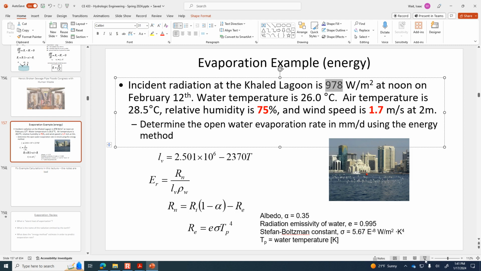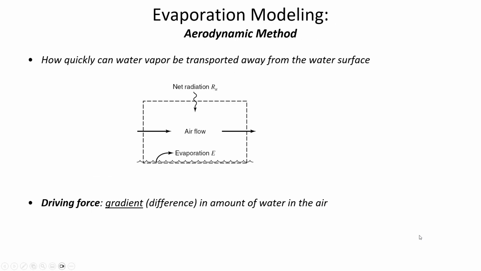So it's a simplification. I've hinted at that pretty emphatically, and what's missing from the energy method is transport. It's like, where does the water go after it is evaporated? It's just assuming that all you need is the energy and then it can evaporate.